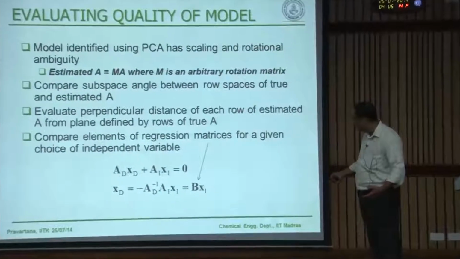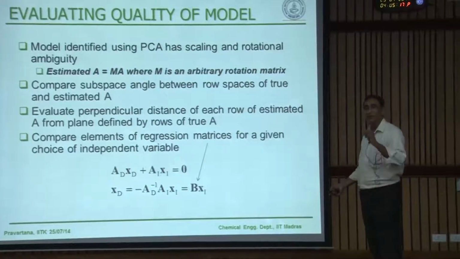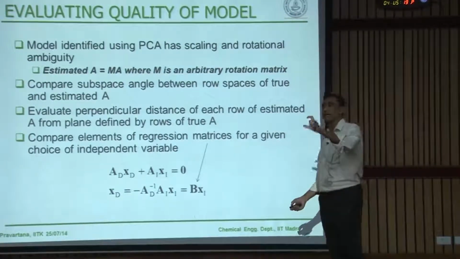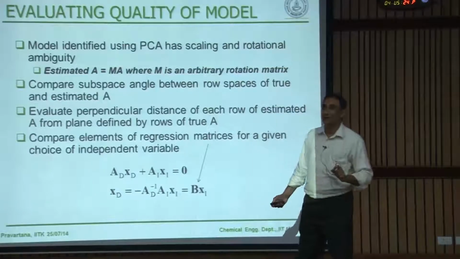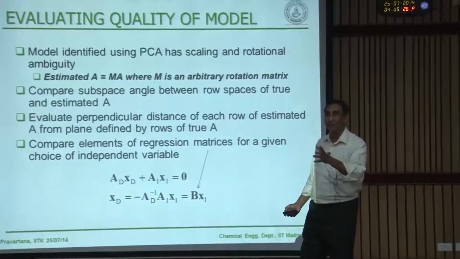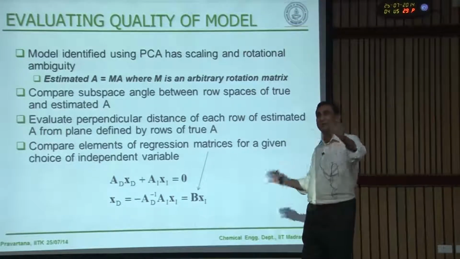For converting it, you need to be able to invert AD. If you have selected the correct set of independent variables, then the condition number of AD will be small. Whereas if you have given me an incorrect set, the condition number of AD will be large.